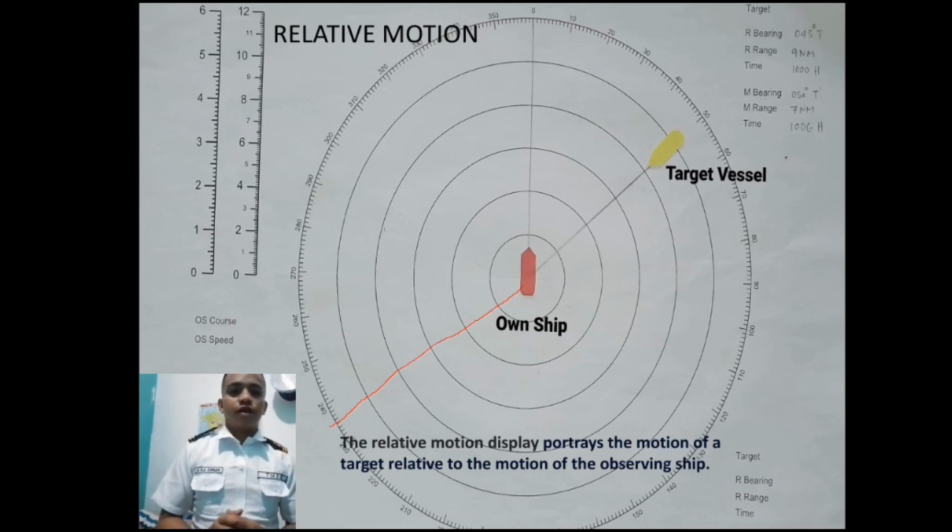So, for collision avoidance, relative motion display is preferred for calculating the closest point of approach. So, we say the target vessel is pointing to our own ship. So, the closest point of approach is 0. So, in this situation, we need to take action to avoid the collision. So, that is the example of the relative motion.